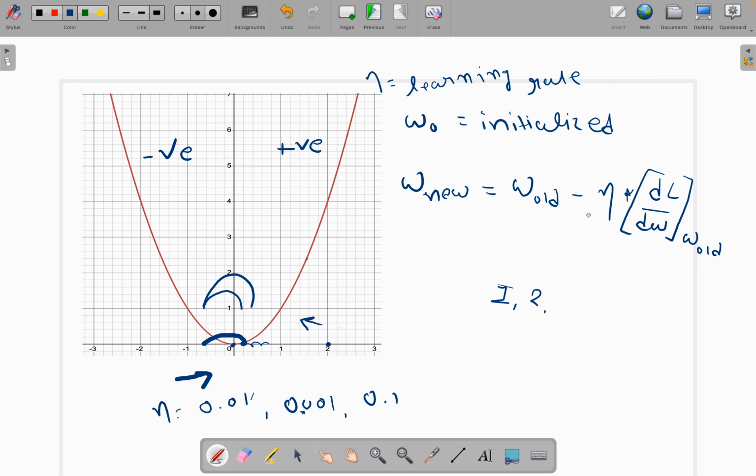If you put a larger value, let's say 100, you are subtracting some large value from our original weight, right? So we have to find the best learning rate, and generally it is a very small value like 0.1, 0.001, that kind of thing.